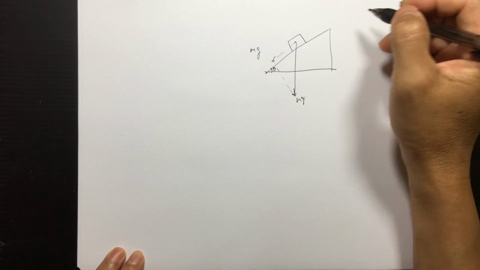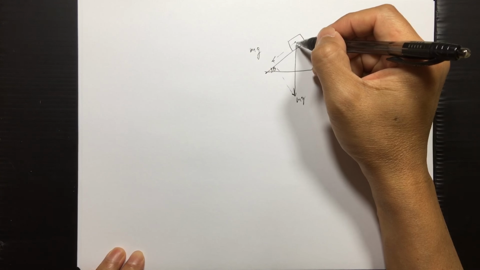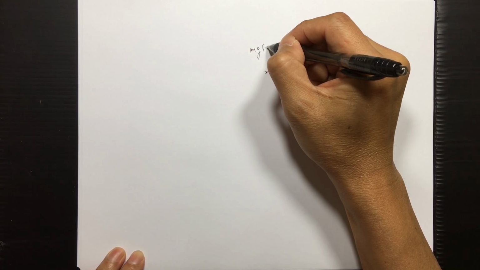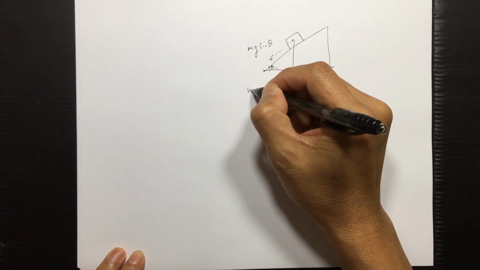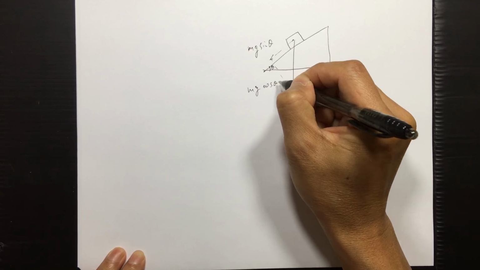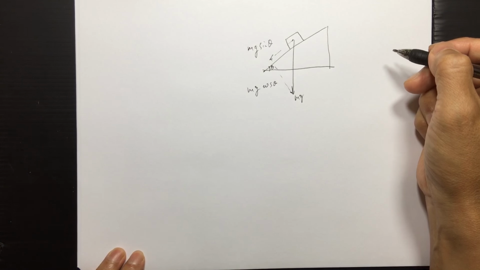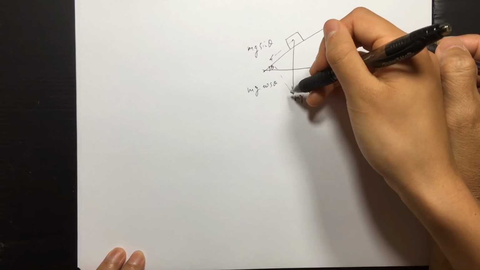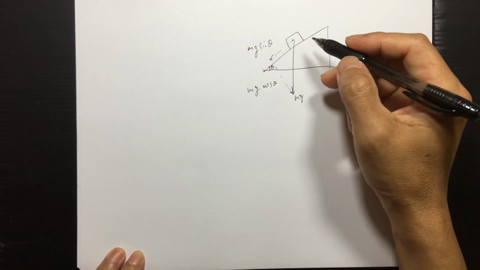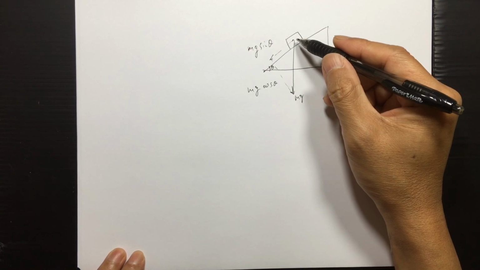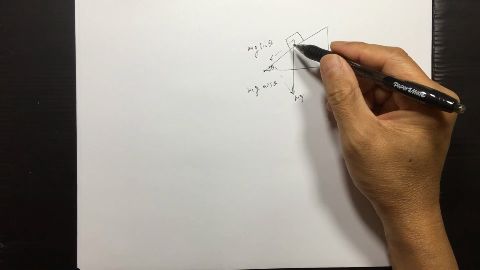This side. Oh, that's mg sine theta, and this is mg cosine theta, right? I on purpose did not draw it, just to make it a little challenging for you.